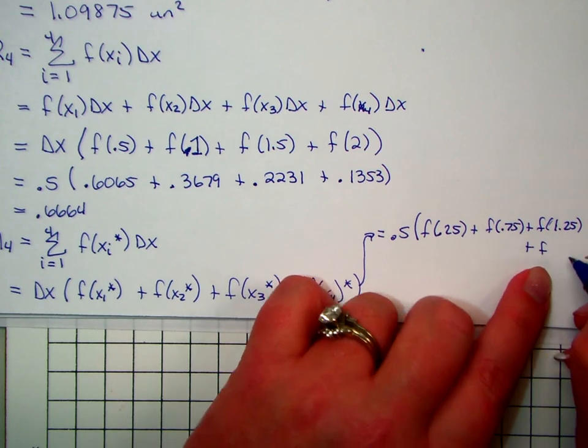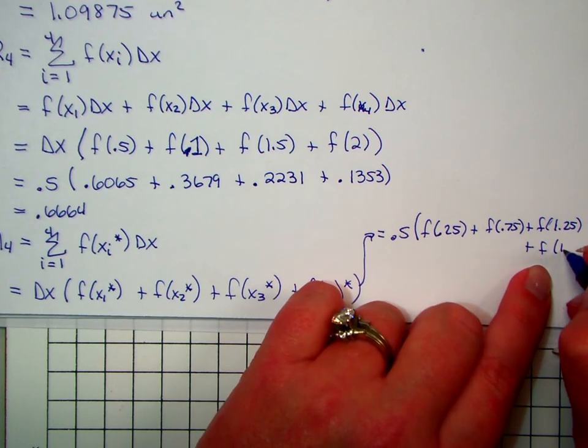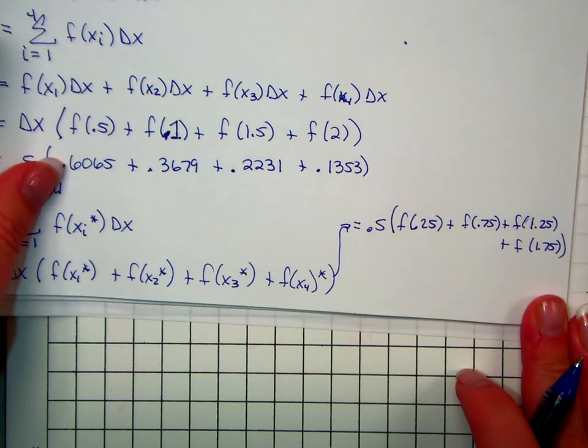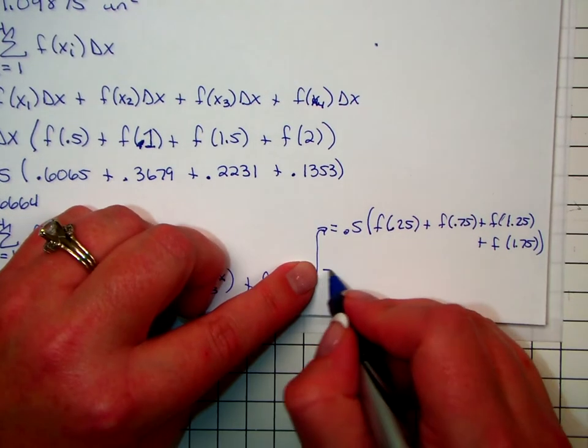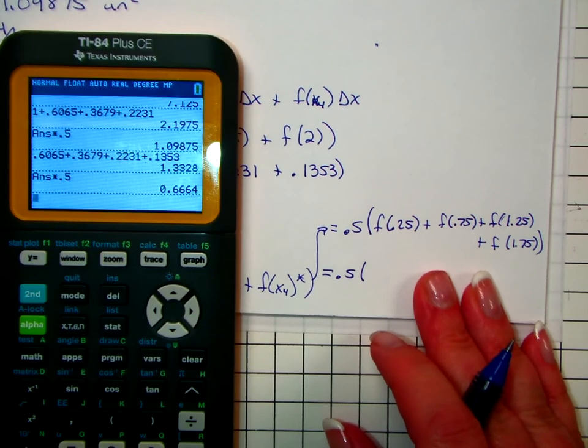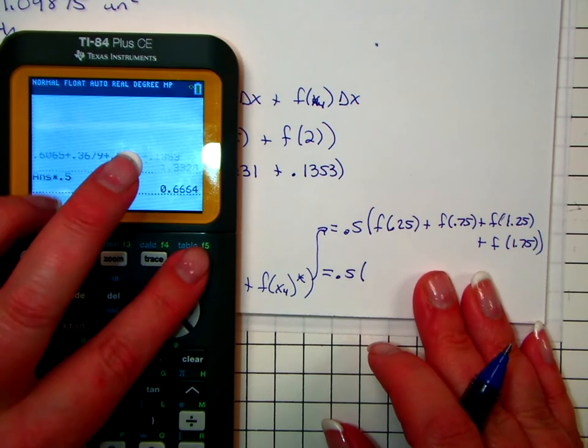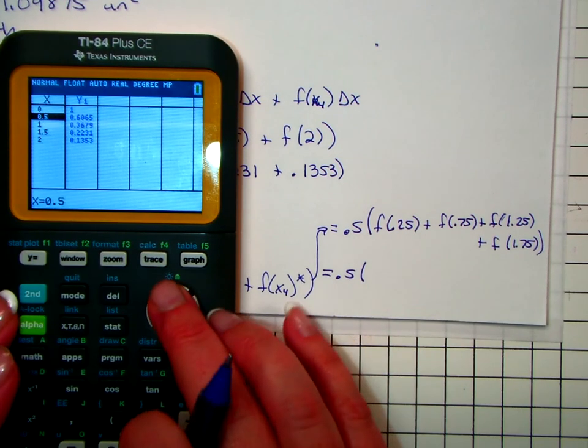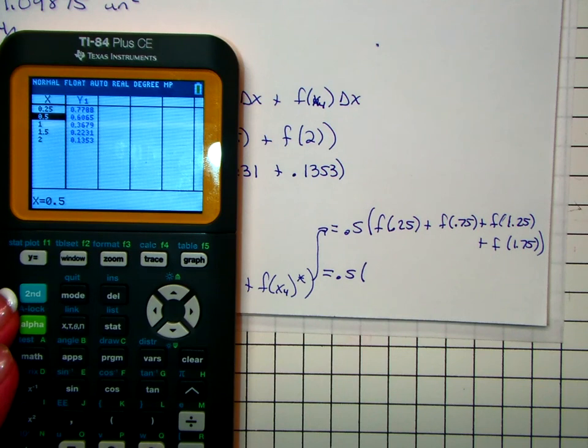And then x of 4 star was 1.75. So I kind of have some new function values to plug in there. So let's do that. 0.25, 0.75, 1.25, 1.75.